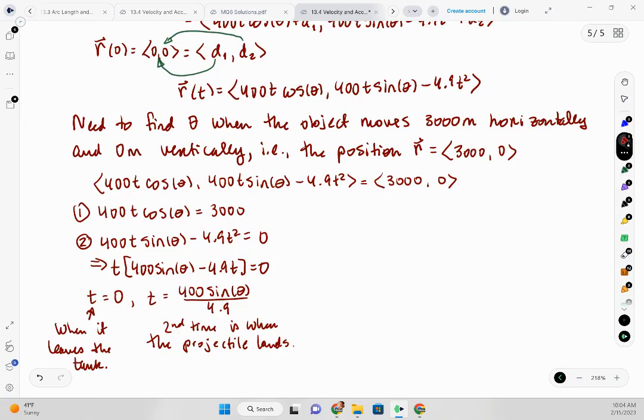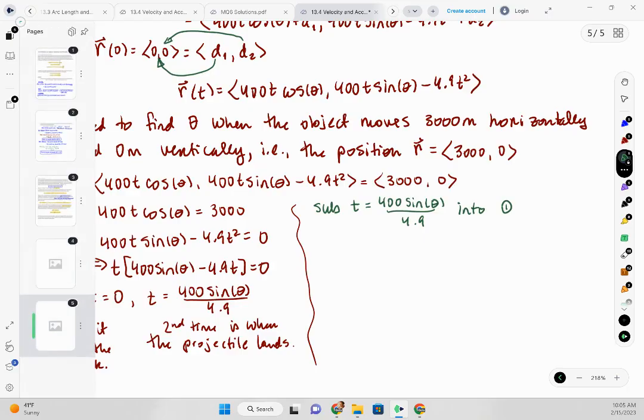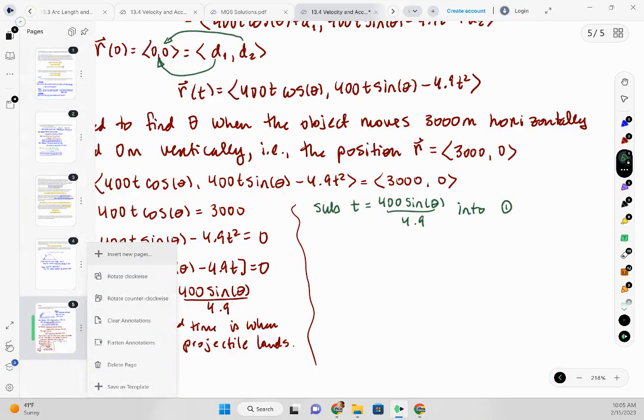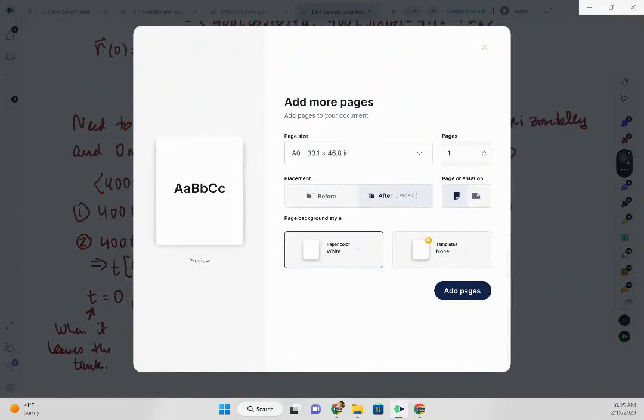Okay, so using this, I'm now going to substitute this t value, t equals 400 sine of theta over 4.9, into equation 1. And I'm also going to add an extra sheet of paper because I'm running out.